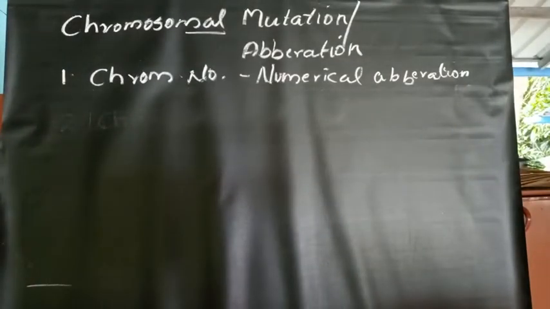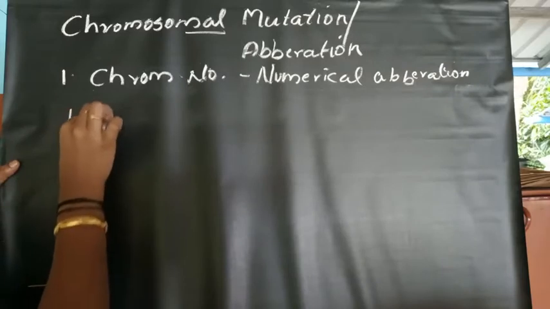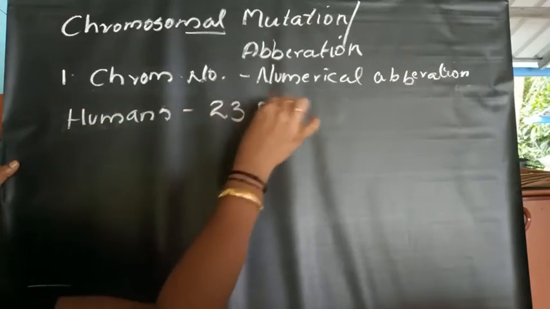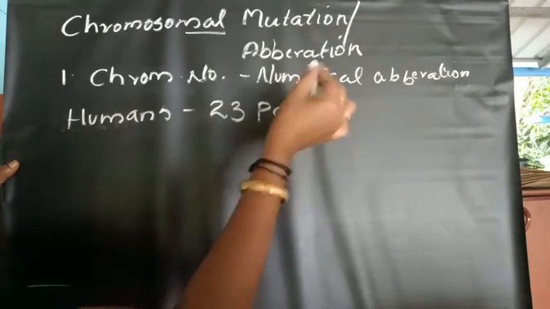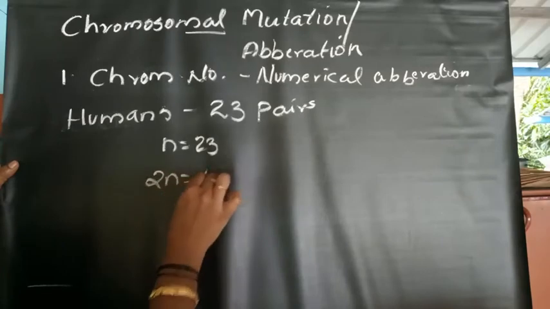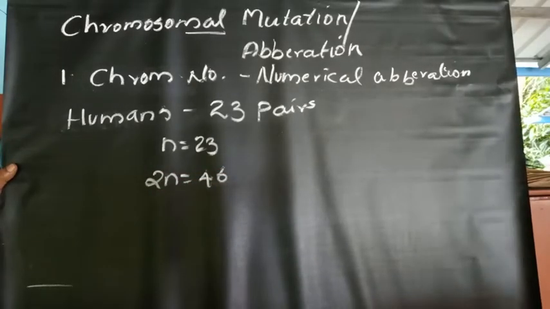Numerical aberration means if a mutation happens, the number of chromosomes may change. In humans, we know 23 pairs of chromosomes are there, which means n equals 23, 2n equals 46.